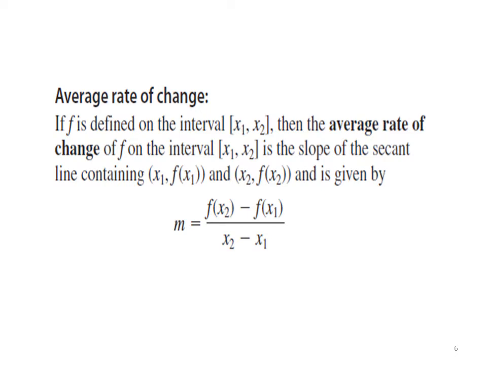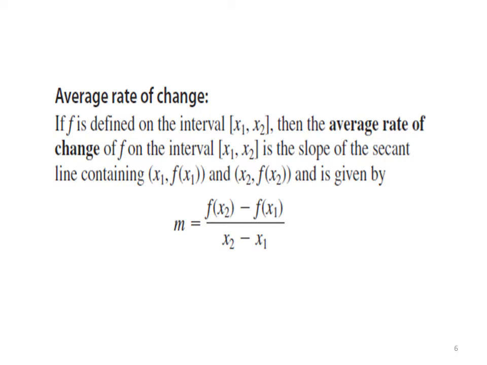Now the average rate of change of f in that interval will be just the slope of the line passing through these 2 points. Then the calculation is really easy. You look at the change in y, f of x2 minus f of x1, divided by the change in x, which is x2 minus x1, which is, by the way, the same as the length of that interval where the function is defined.